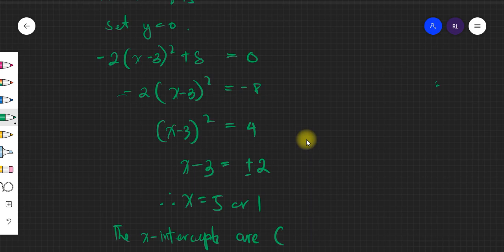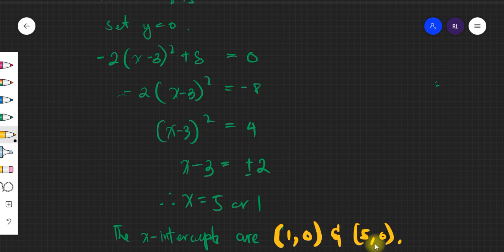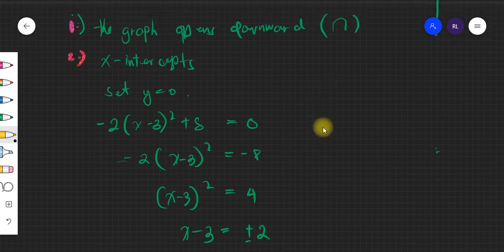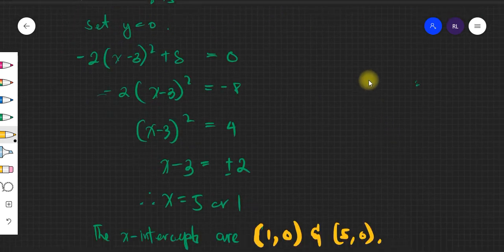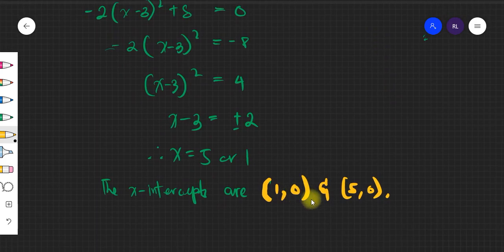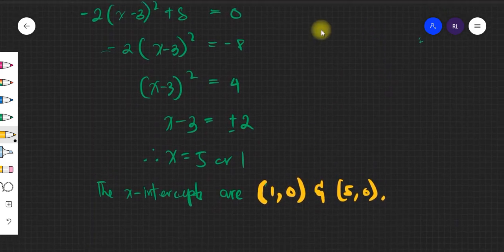Since y is always 0, the x-intercepts are 1, 0 and 5, 0. Again, we're expecting that our graph opens downward, looks like this, and while going downward, it will pass through 1, 0 and 5, 0.